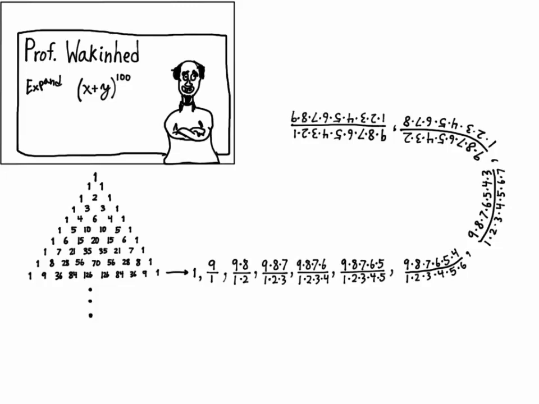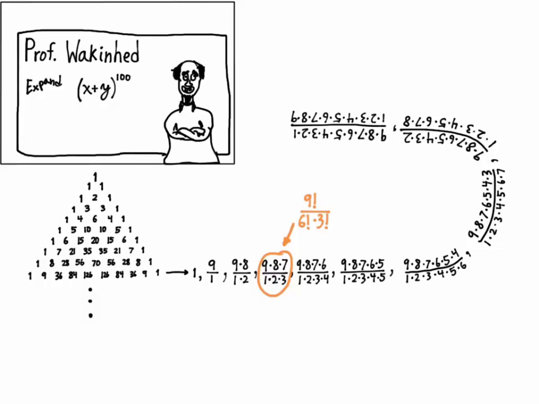The pattern is that the factors in the numerator are descending and the factors in the denominator are ascending. If you don't recognize this number as representing 9 choose 3, try rewriting it in the usual way using factorials, and you'll see that it's the same thing.